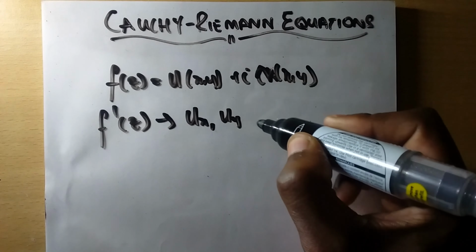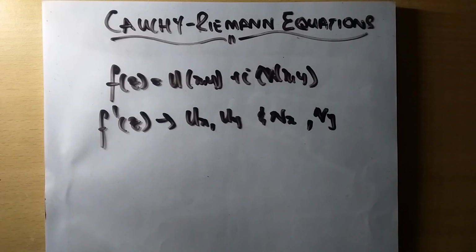So if the derivative of that function of complex variable exists, then the partial derivatives of the components of this function must also exist. And for us to say that this really does exist, these partial derivatives must satisfy the Cauchy-Riemann equations, which we'll deal with just now.